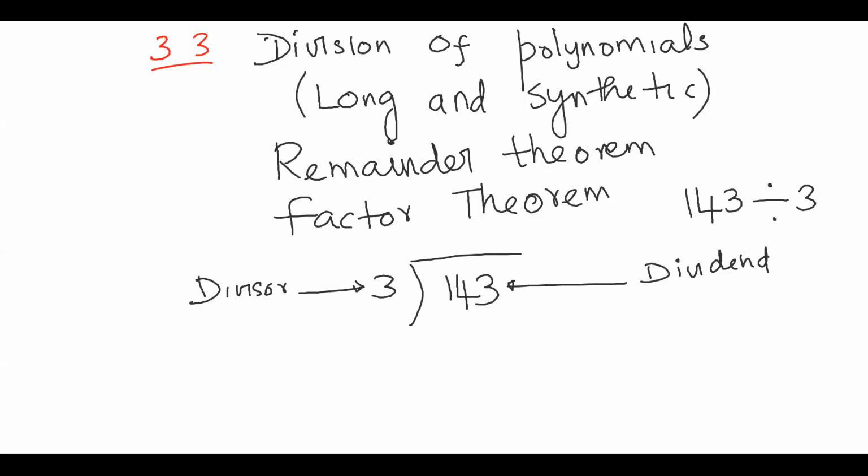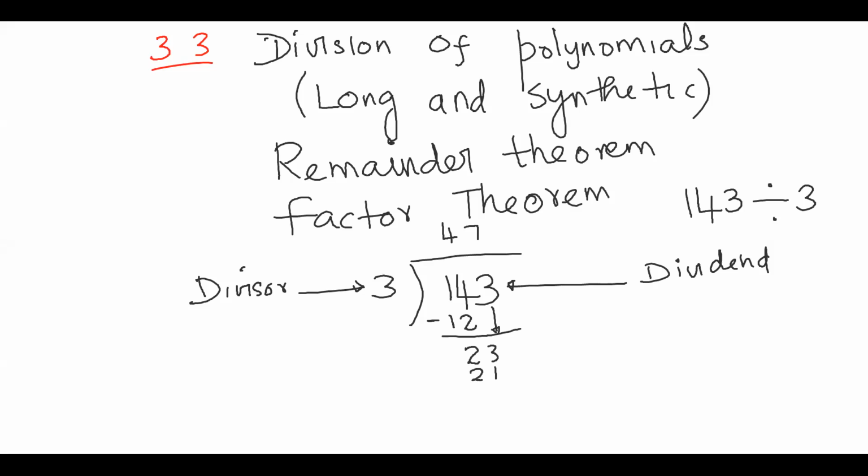And whatever number we are going to divide, for example, 3 goes into 14 4 times, and we put the 12. We multiply these two. 4 times 3 is 12. And then we have to subtract, and this is the same concept we are going to use. 14 minus 12 is 2, and then we bring this 3 down, and 3 goes into 23 7 times.